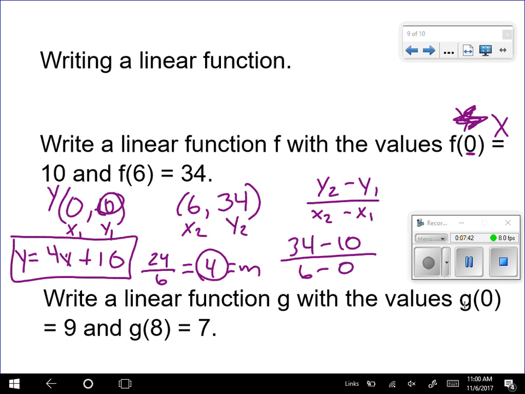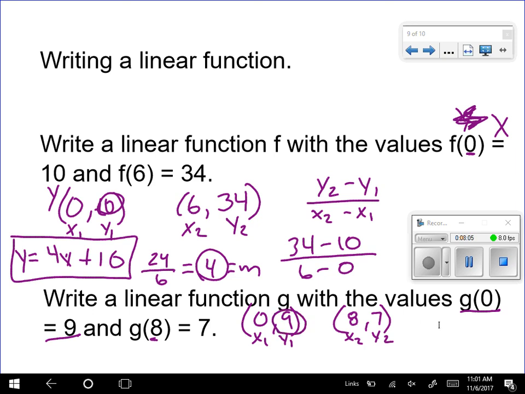Okay, same concept here. You would plug in 0 to the function and get 9. So we have 0, 9 as a point. And then plug 8 into the function, and you would get 7. So again, we have x1, y1, x2, y2. You already know 9 is your y-intercept.